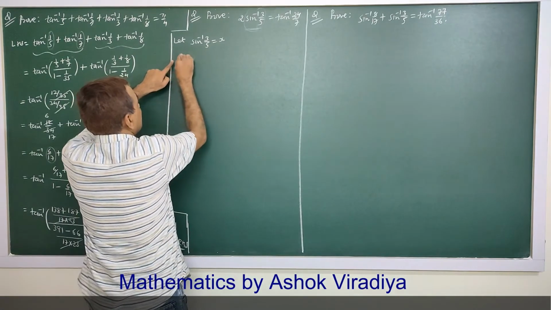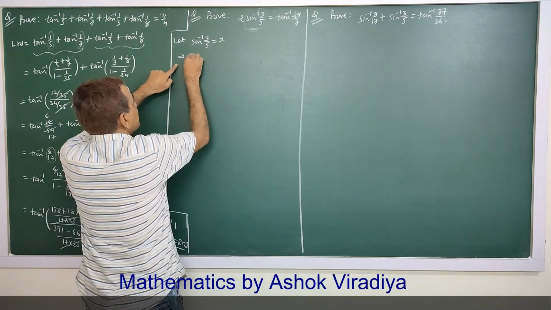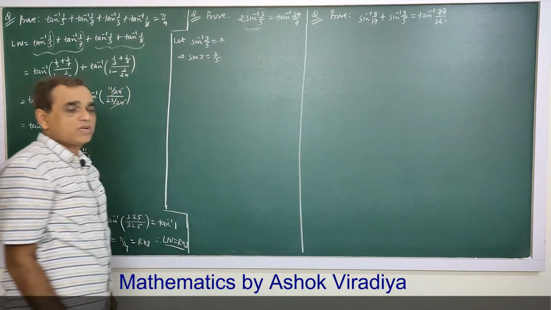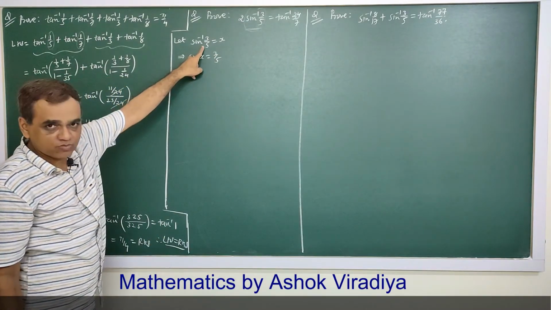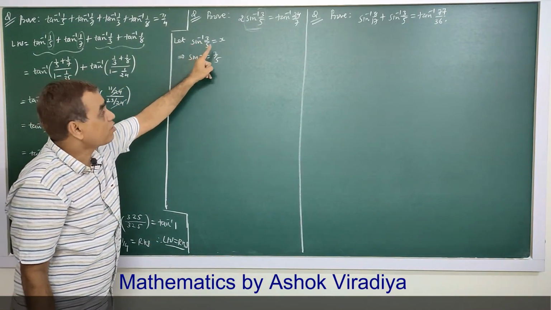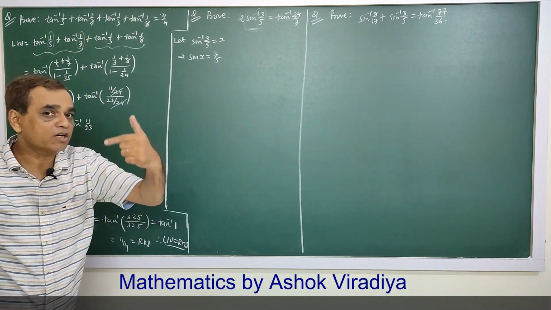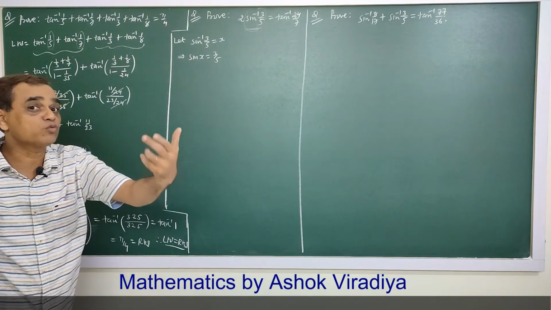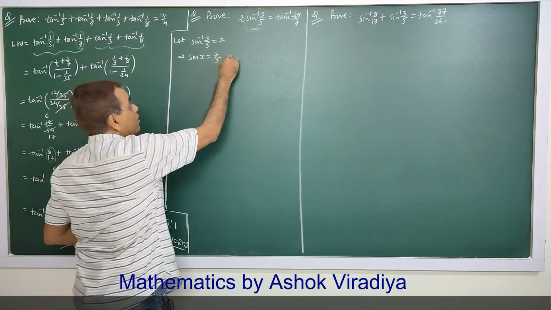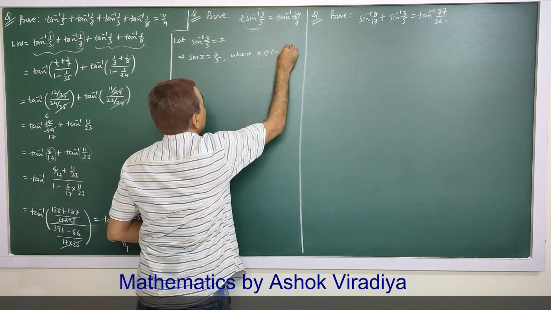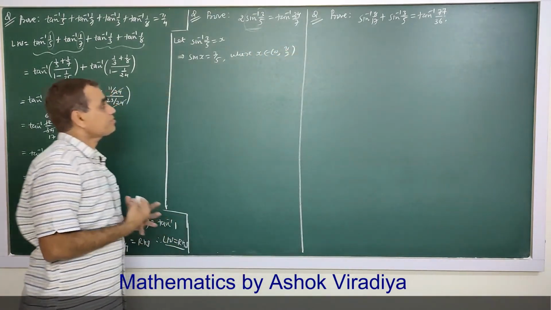Therefore sin x equals 3 by 5, and because this is positive, the output of sine inverse of a positive number belongs to the first quadrant, so x belongs to the first quadrant, 0 to pi by 2.